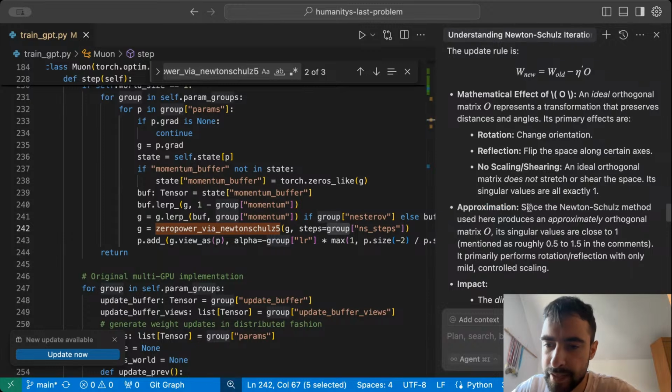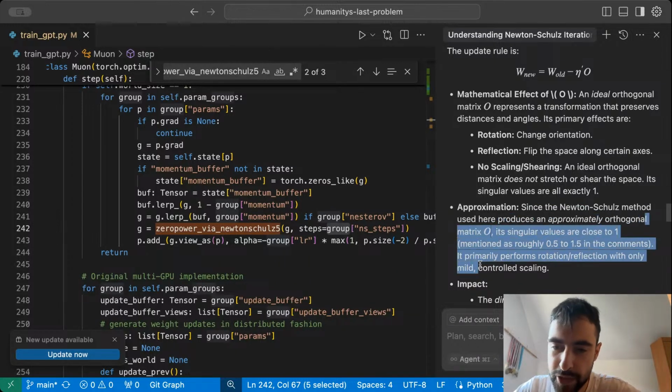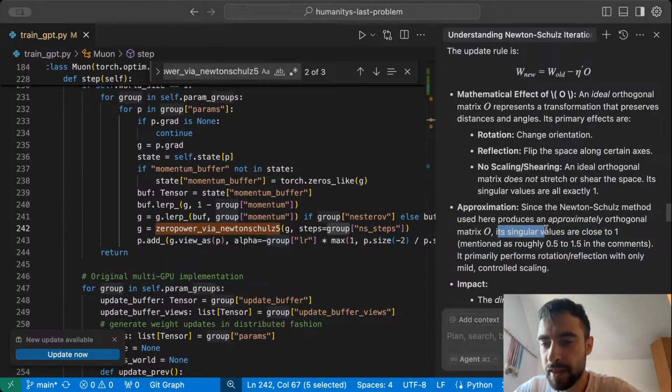Approximation. Since the Newton-Schultz method used here produces an approximately orthogonal matrix O, its singular values are close to 1, mentioned as roughly 0.5 to 1.5. Why?